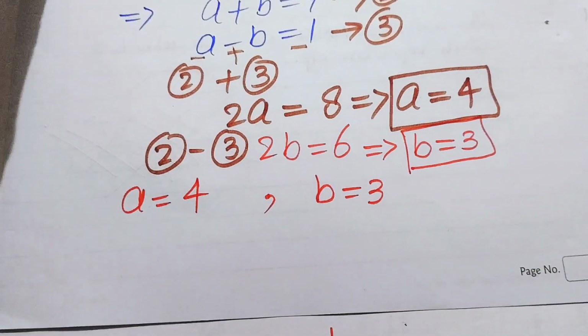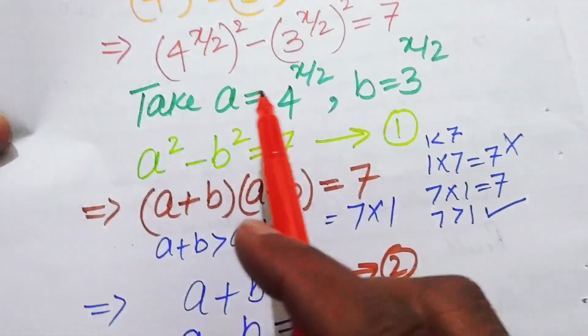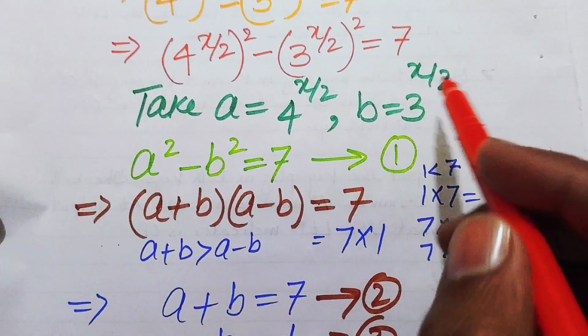Now we back substitute the values of a and b. We have a equals 4 to the power of x over 2 and b equals 3 to the power of x over 2.